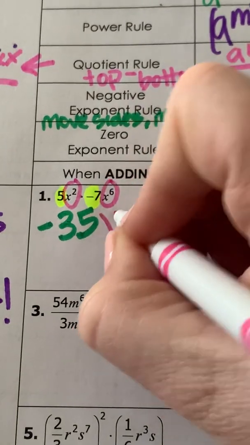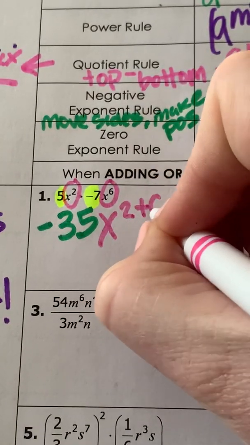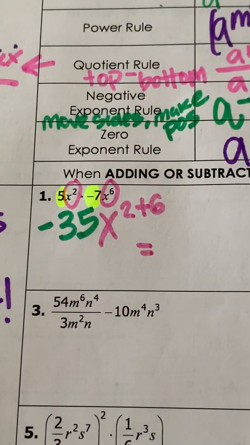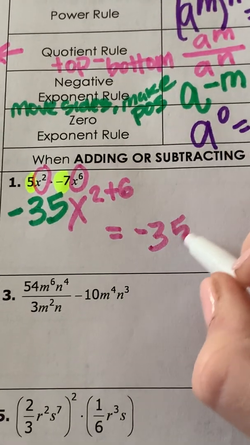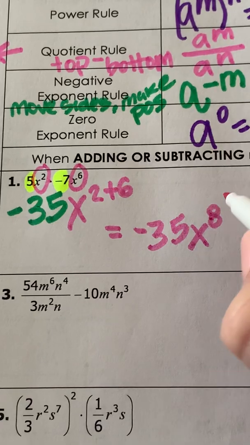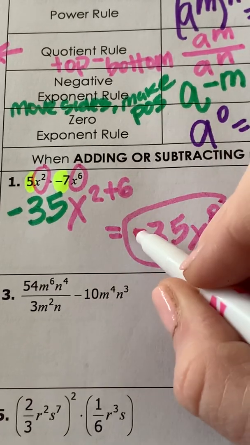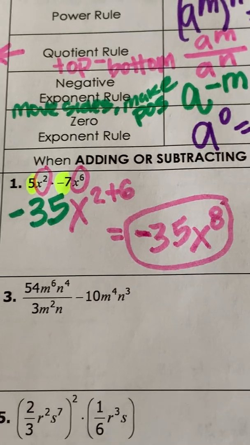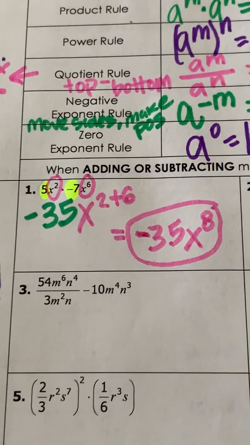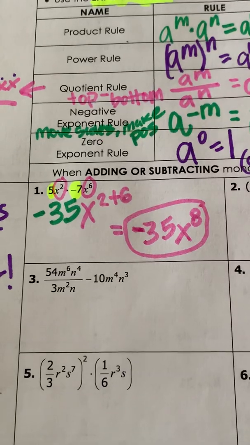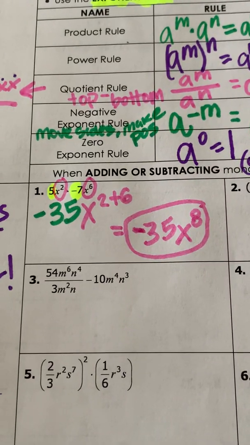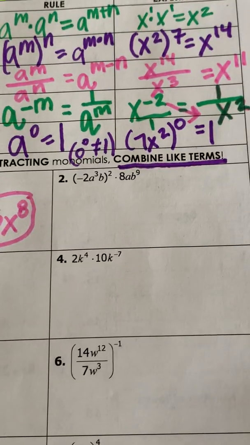That would be x to the 2 plus 6. So my final answer there would be -35x to the 8th. Okay? So you treat the numbers the same you always would, and the variables you use one of your rules here for exponents.